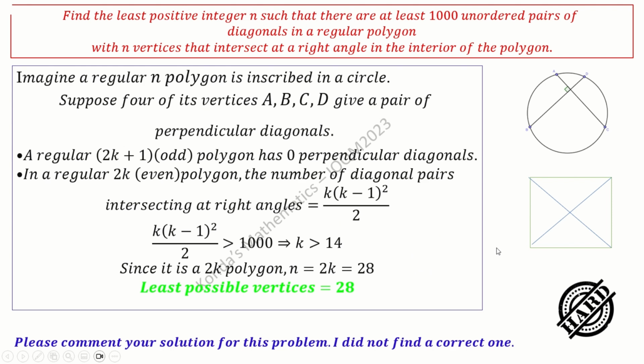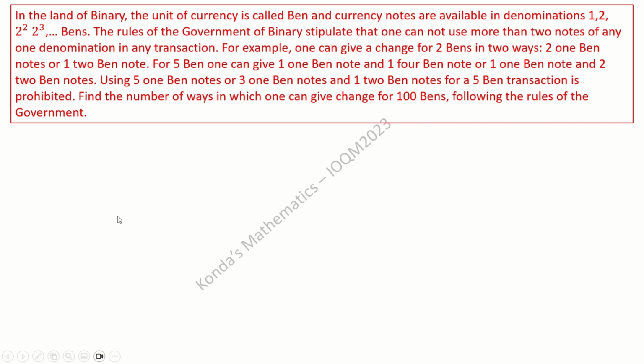Okay, next. In the land of binary, the unit of currency is called ben. Currency notes are available in denominations 1, 2, 2 power 2, 2 power 3, that means 2 power n denominations only. The rules of government of binary stipulate that one cannot use more than two notes of any one denomination in any transaction.